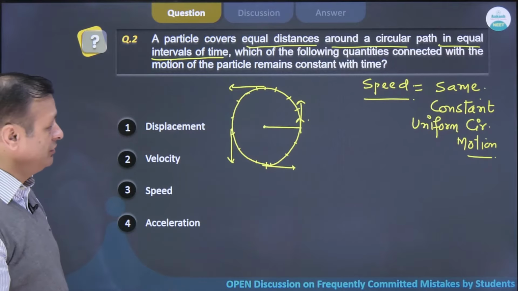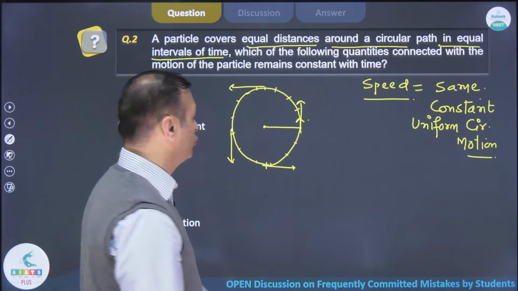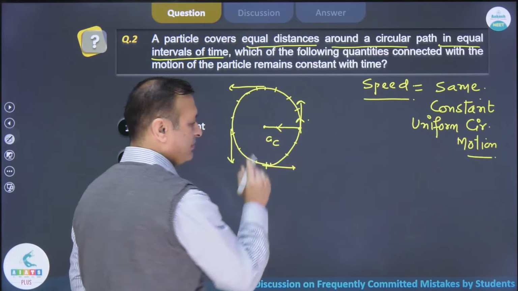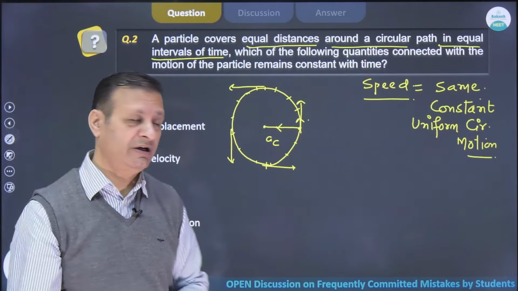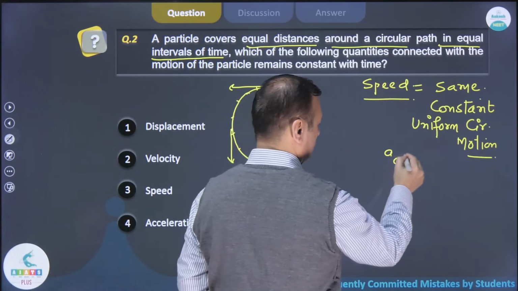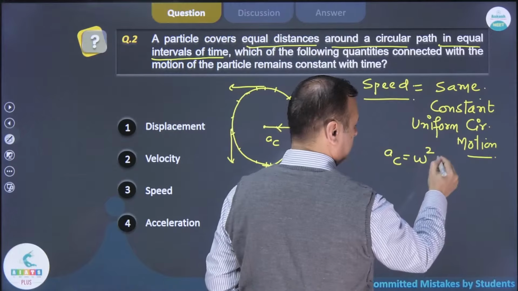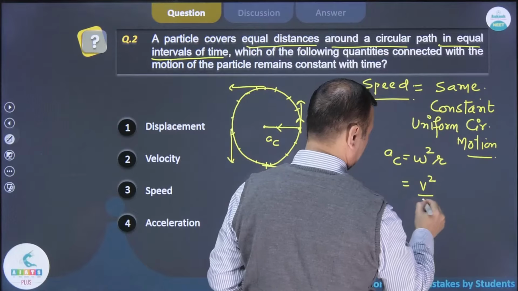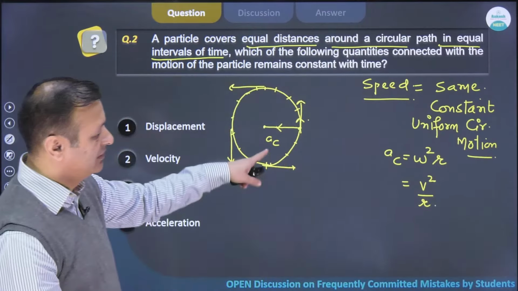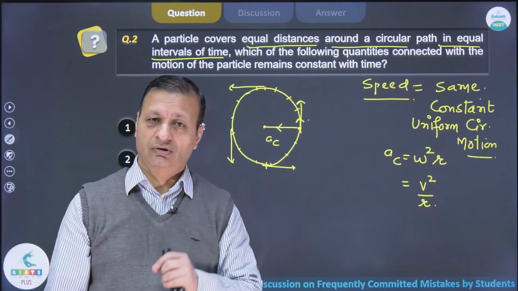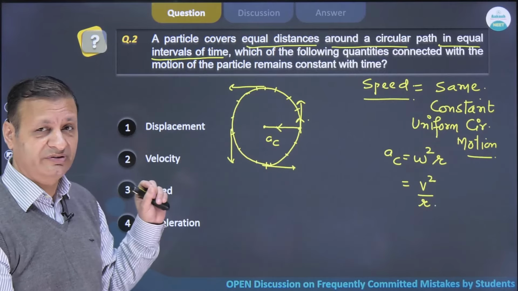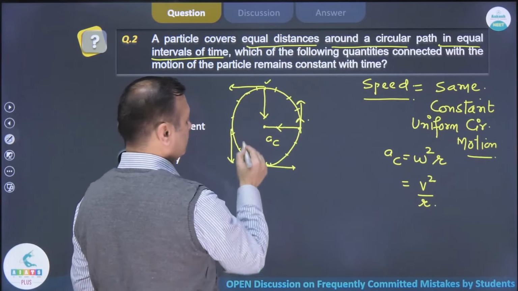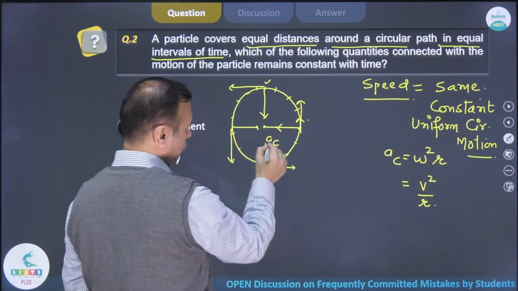Now, in uniform circular motion the body is experiencing centripetal acceleration. Centripetal acceleration is omega square into r, where r is the radius, or v square by r. That centripetal acceleration is directed towards the center along the radius, but its direction, if you observe at this point, at this point, at this point, keeps changing.